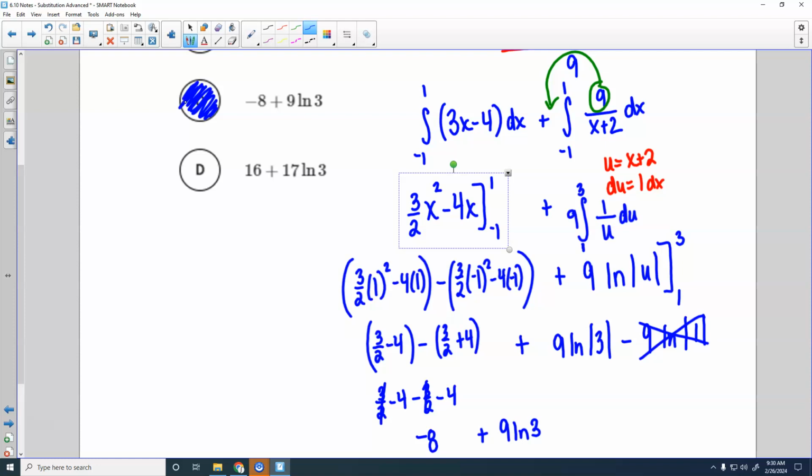If you're short on time, if for example we had a natural log of 4, the natural log of 4 is the natural log of 2 squared, and that 2 can be pulled out front as a coefficient, so we'd have 2 natural log of 2, which would have to multiply by that 9 that was out there.